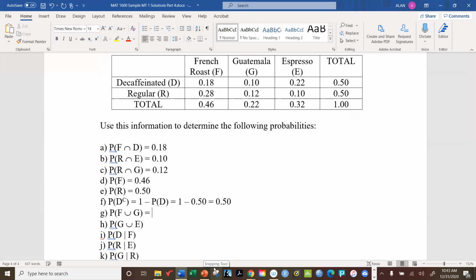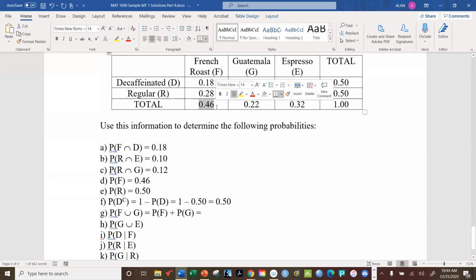Now here we're using the addition rule. So I want to make it clear again that it's understood that these rows and columns are all mutually exclusive of each other. Okay, so there's no coffee bean that can be both French roast and Guatemala, for example. So that means we can use here the simplified addition rule. And so F by itself is 0.46.